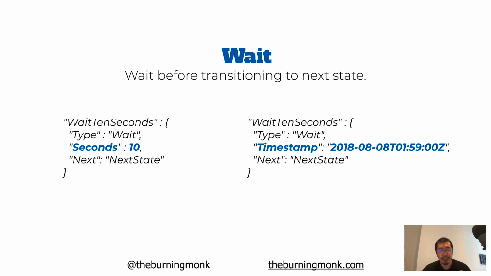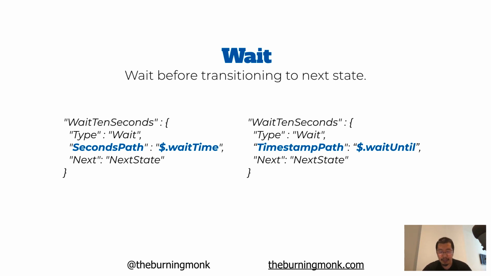You can also wait for a specific number of seconds or until a specific timestamp in UTC, but that's a fairly static behavior. More often than not, what we see is people control how long a step should wait by adding something to their execution state. Then they'll use a seconds path or timestamp path to dynamically control how long the wait state should wait.